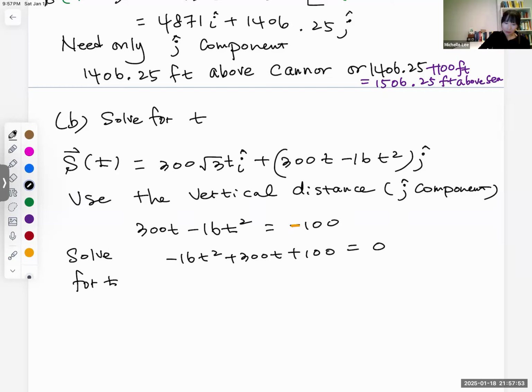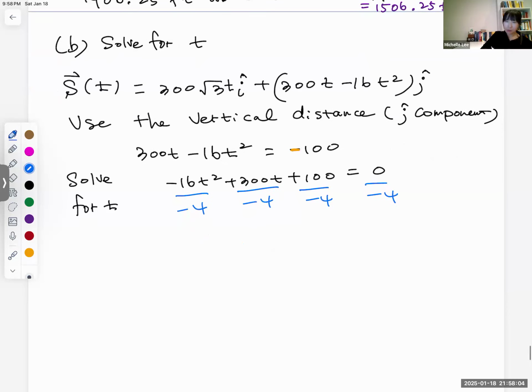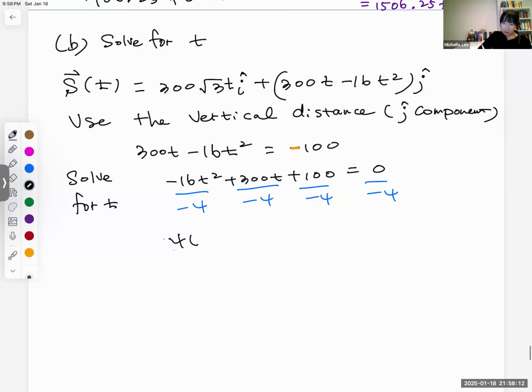Big numbers, so divide every term by negative 4. So we get 4t squared minus 75t minus 25 equal to 0.